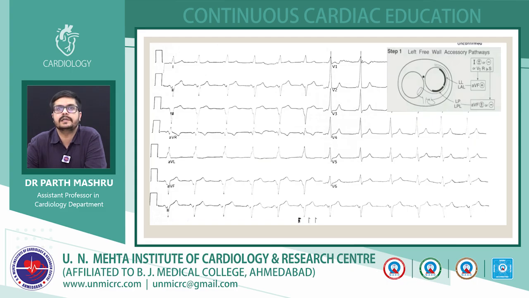Is there positivity in aVF? No, aVF is biphasic or negative. So most likely the pathway is in the left posterolateral region. But in the Arruda algorithm, the specificity for a septal pathway is not very clear. That's why it's not very accurate for septal pathway localization, and for that the Pembrun algorithm is better.